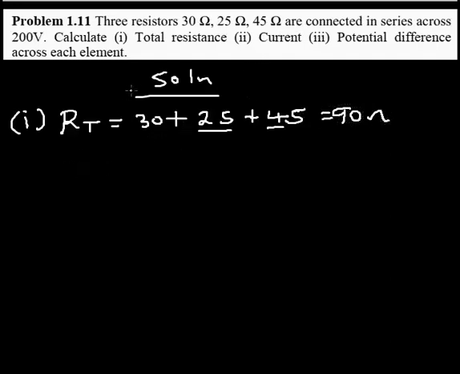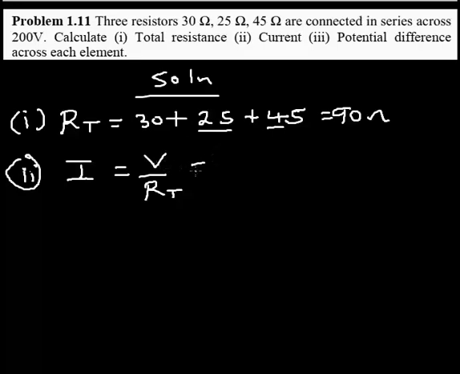The current, of course. From Ohm's law, we know that current is equal to voltage divided by resistance. The current passing through these three resistors, remember the current is the same, is going to be the voltage supplied to them divided by the total resistance.